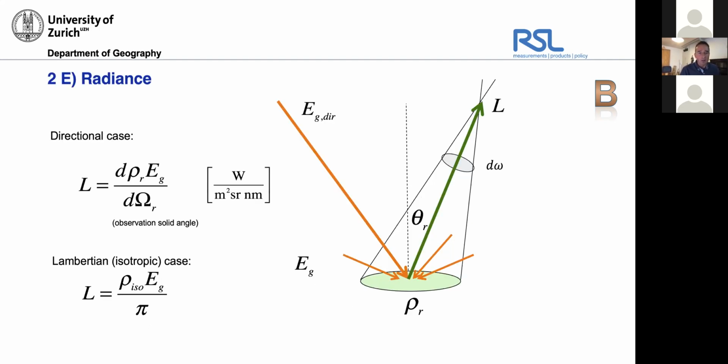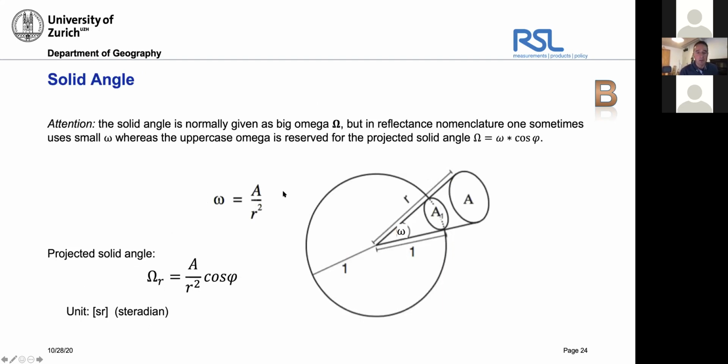About the solid angle, this omega, some are not familiar with that. That's why a little explanation. Omega is usually the area divided by the radius squared. So on a sphere, it's spherical. So it's like the radian. Everybody knows the radian. Radian is 2 pi for a whole circle, like the circumference.